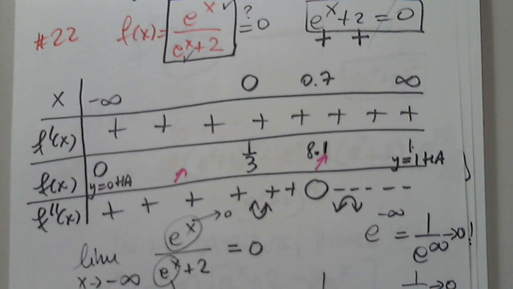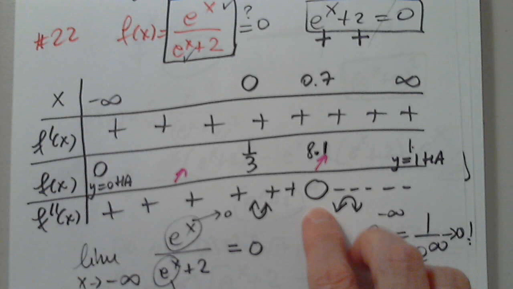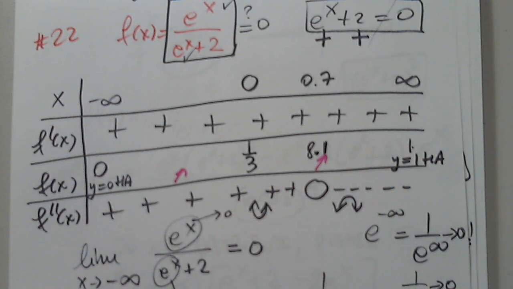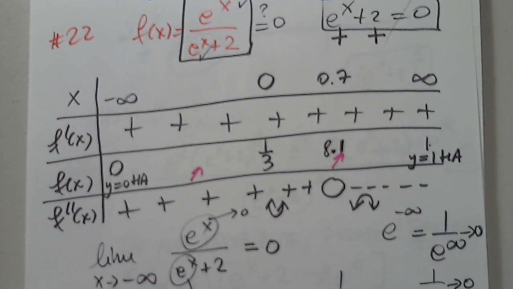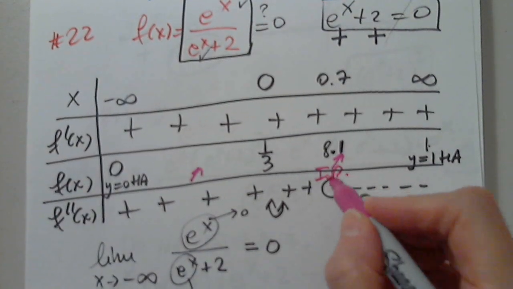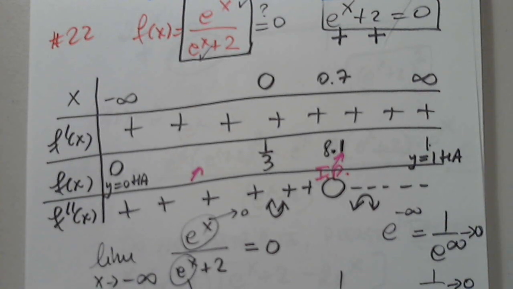What can it be? The second derivative is 0 and it changes sign at that point. So what could it be? 0.7 comma 8.1, the inflection point. Indeed, that's all it is. It's an IP.